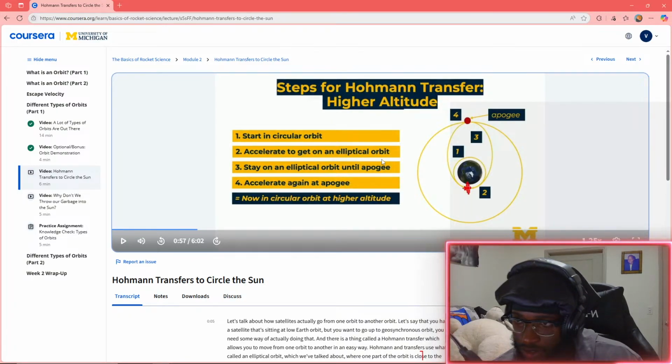And when you're at apogee, you accelerate to expand the orbit.